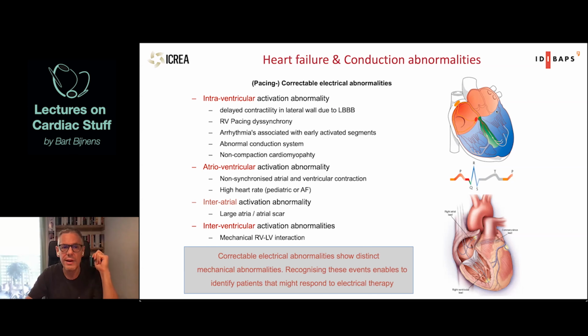Similarly, if there are early activated segments, for example if there is a connection between the atria and the ventricles besides the AV node, as in Wolff-Parkinson-White syndrome, you will also see these early activated segments, which lead to an abnormal activation of the whole ventricle.